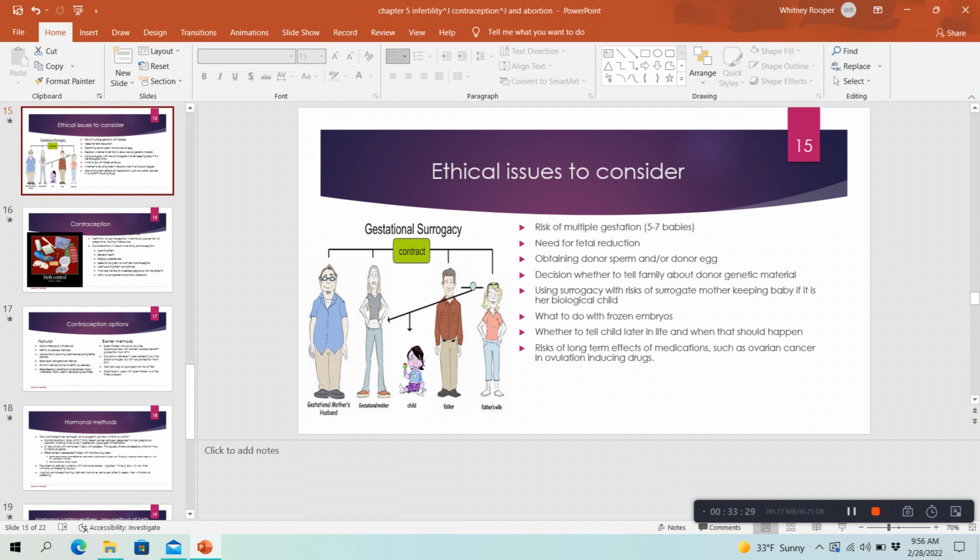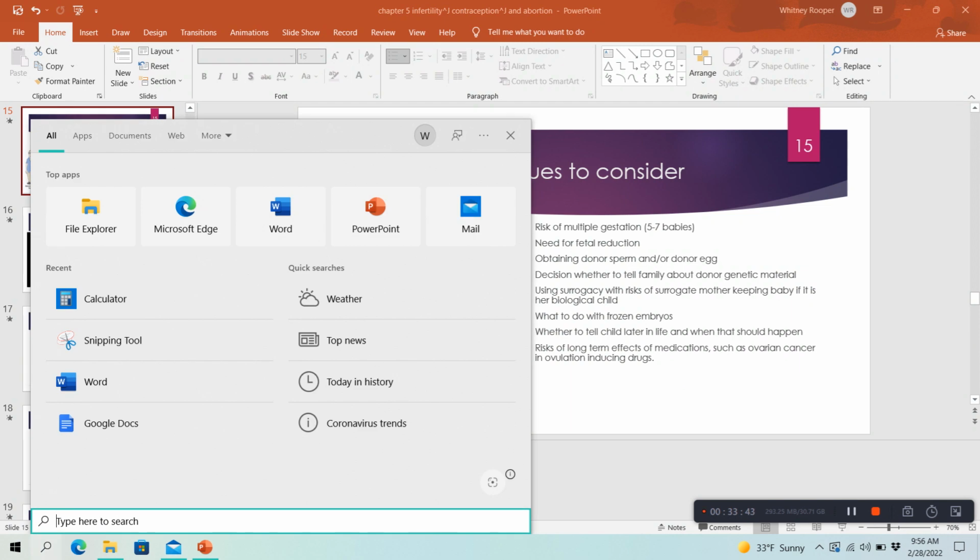Of those 10, let's say 6 take and 4 die in the petri dish. So you have 6 embryos right there.